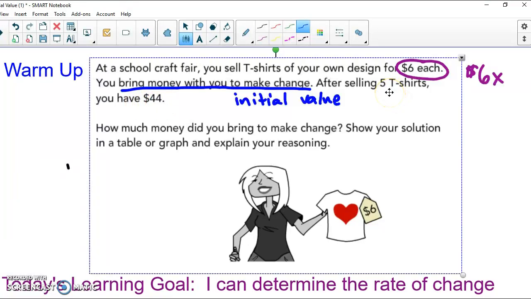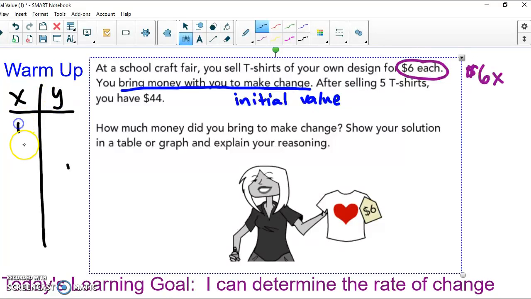Well, to help us organize this information, let's make an xy table. And I know that x is going to stand for the number of shirts that I sell, and y is going to stand for the amount of money that I make. So if I know that I am selling shirts for $6 each, when I sell one shirt, I should make $6. When I sell 2 shirts, I should make 6 times 2, or $12.